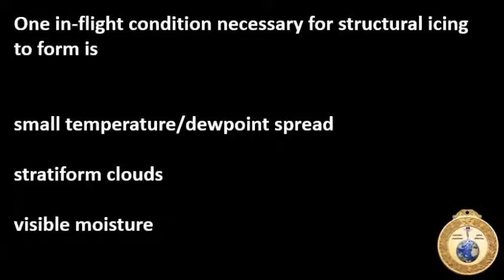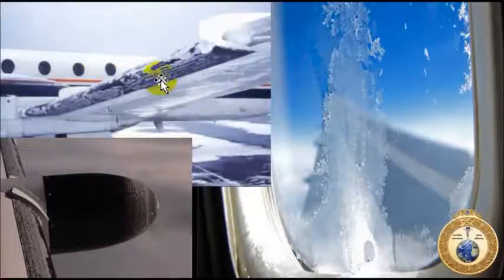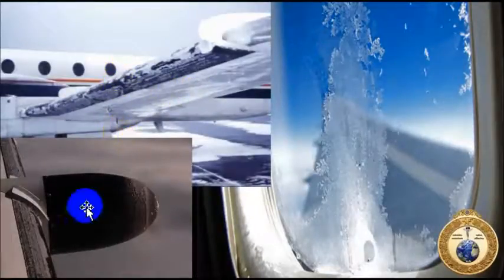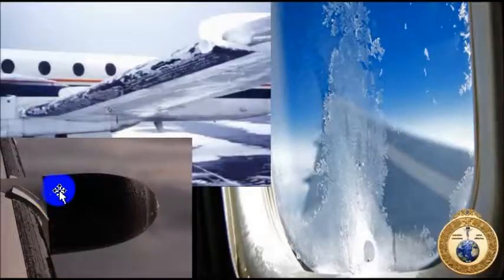One in-flight condition necessary for structural icing to form is A, small temperature dew point spread, B, stratiform clouds, or C, visible moisture. This is what icing looks like. Icing actually destroys or disrupts the smooth airflow. When these aircraft are built, the wing structure, or the curvature of the wing, is designed to produce a certain amount of lift, and it's a perfect curve or camber.